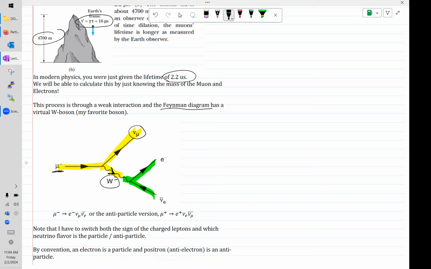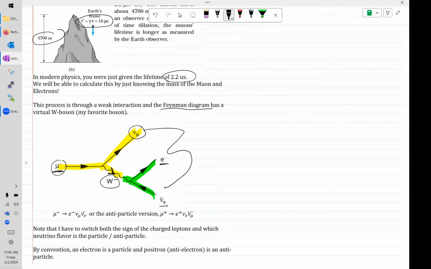And then that W minus decays into an electron and an anti-electron neutrino. So these are two vertices, one after another, linked together. Therefore the muon does not decay straight into three different things at once. It actually has a chain process.